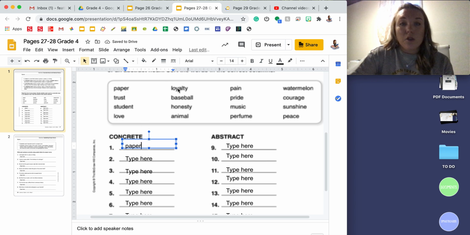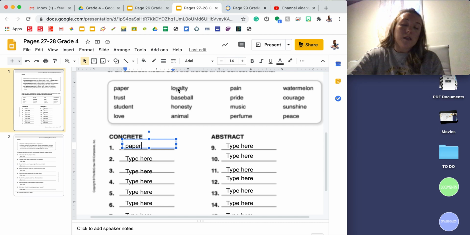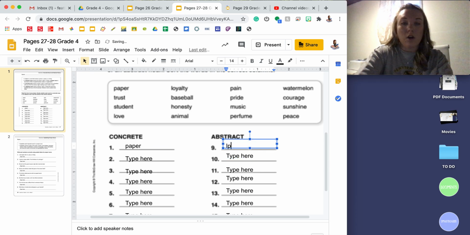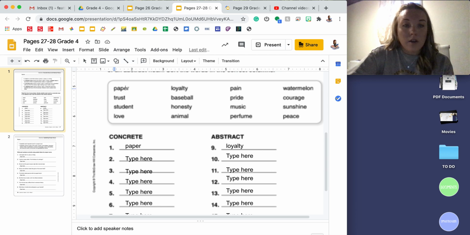The next word is loyalty. Now, loyalty is not something I can see or touch or taste, smell, or hear. So loyalty is going to go in my abstract column. You could even use the line feature to cross off the words that you already did, if that helps you visually see which ones you still need to do.